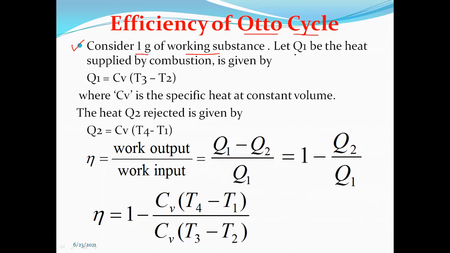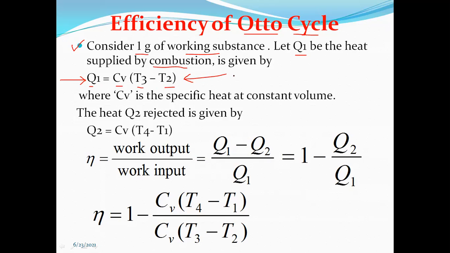So let Q1 be the heat supplied by combustion, which is given by Q1 equal to CV into T3 minus T2, where CV is the specific heat at constant volume. If you remember the 4 strokes of the Otto engine, you will come to know the meaning of Q1, CV, and what T3 and T2 are. So we came to know what Q1 is.